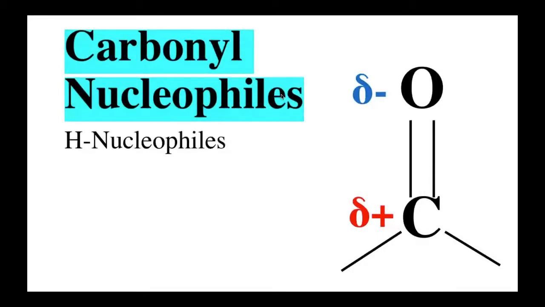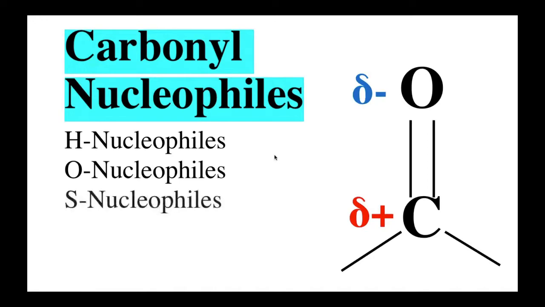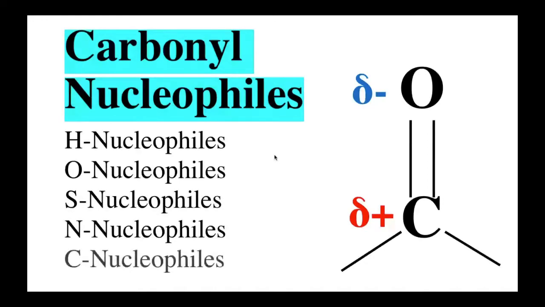The first are what I'm calling hydrogen nucleophiles. What I mean is that the nucleophile that will attack will be a hydrogen atom. We're going to add a hydrogen atom to the carbonyl group. The second is oxygen nucleophiles, followed by sulfur nucleophiles, nitrogen nucleophiles, and then carbon nucleophiles.